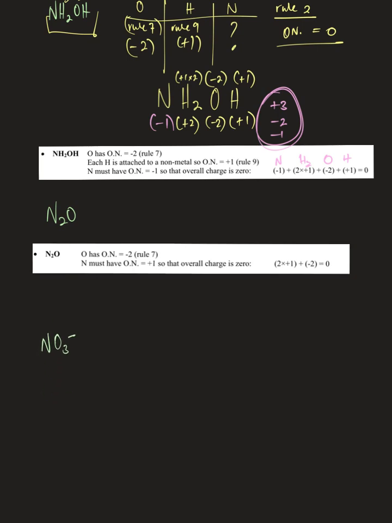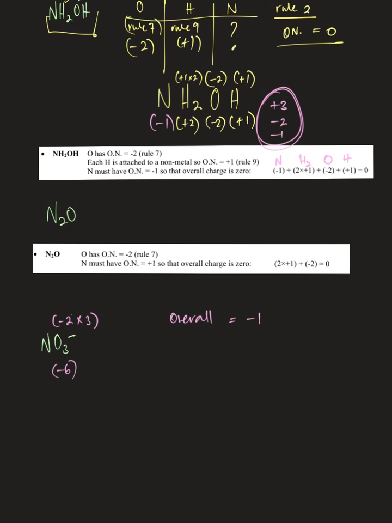If I'm looking at NO3 minus, I know the overall must be equal to -1. Over here I've got oxygen bonded to nitrogen, and I know that this value should be -2, and I've got 3 of them, so I end up at -6. Now nitrogen needs to be whatever number gives me a situation where I end up with -1.